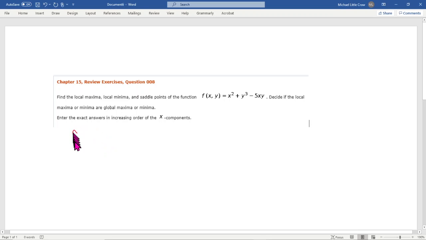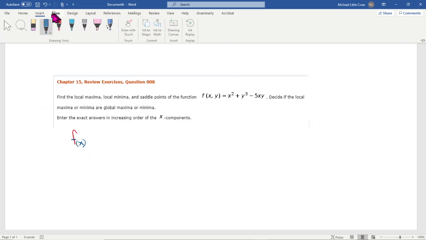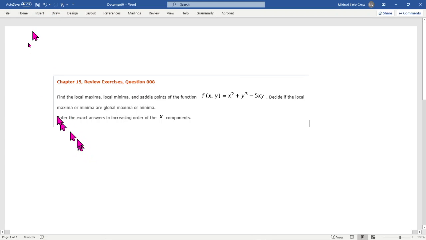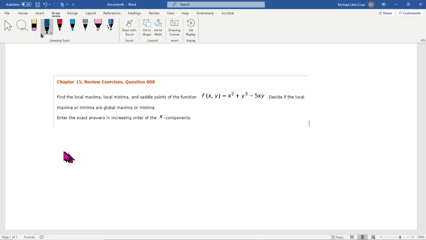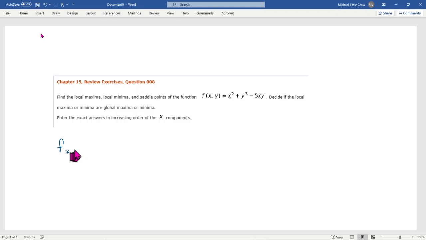So the first thing we need to do is get the partial with respect to x. I'm inventing my own notation here. Let's get it all in one color. So the partial with respect to x is going to be 2x. This becomes 0 because it's just a constant.